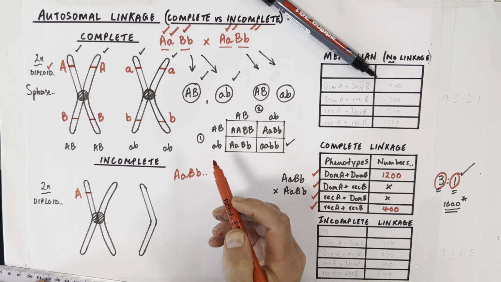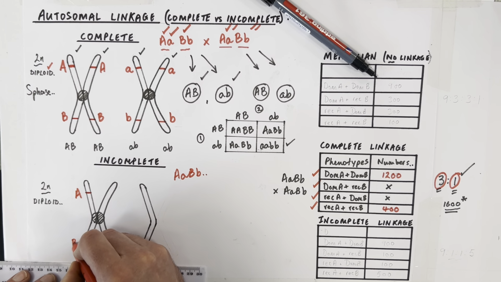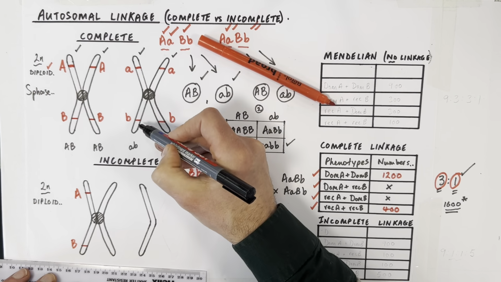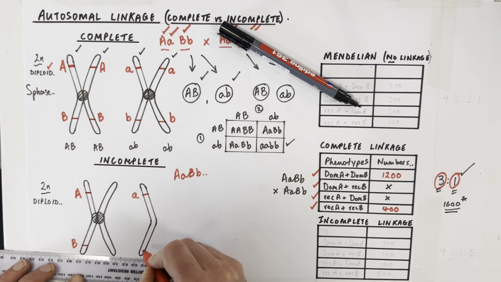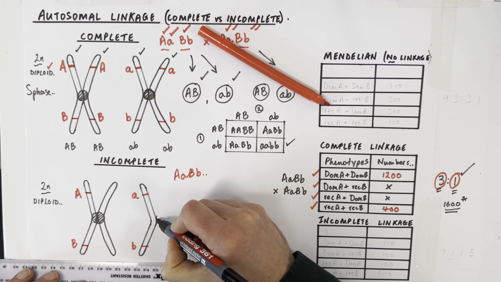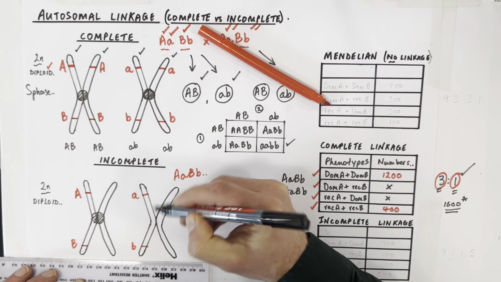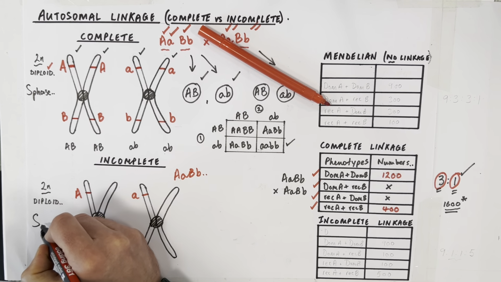So that's the dominant A allele, and here I'm going to have my dominant B, and on the other homologous chromosome, don't forget we've got our recessive A, and here we've got our recessive B. But of course we get S phase of interphase, so we just replicate the DNA molecule to make the 2 identical sister chromatids. That's S phase.